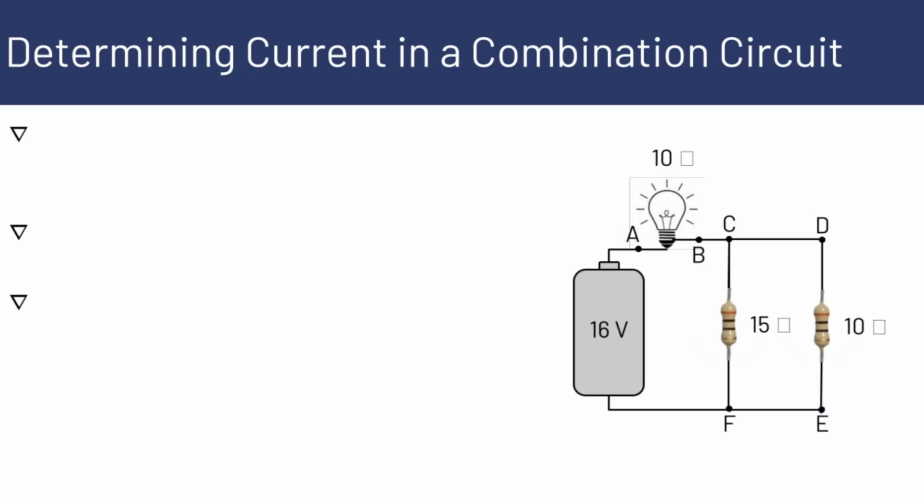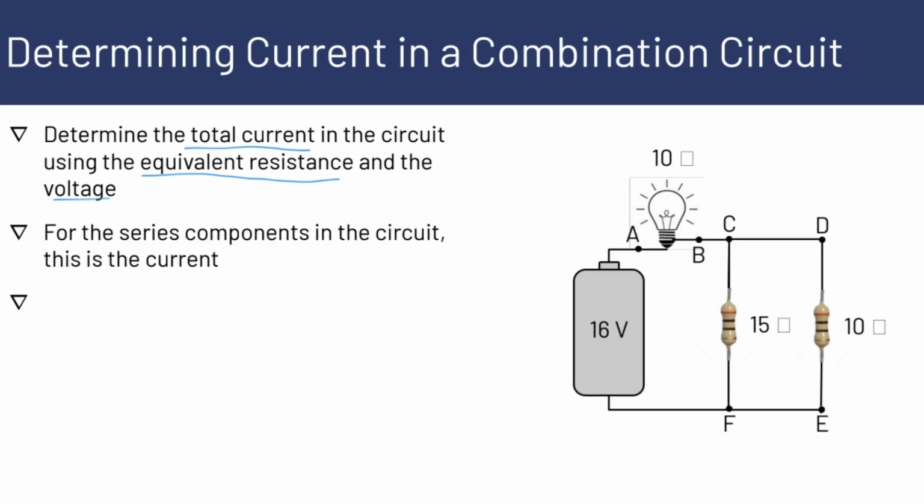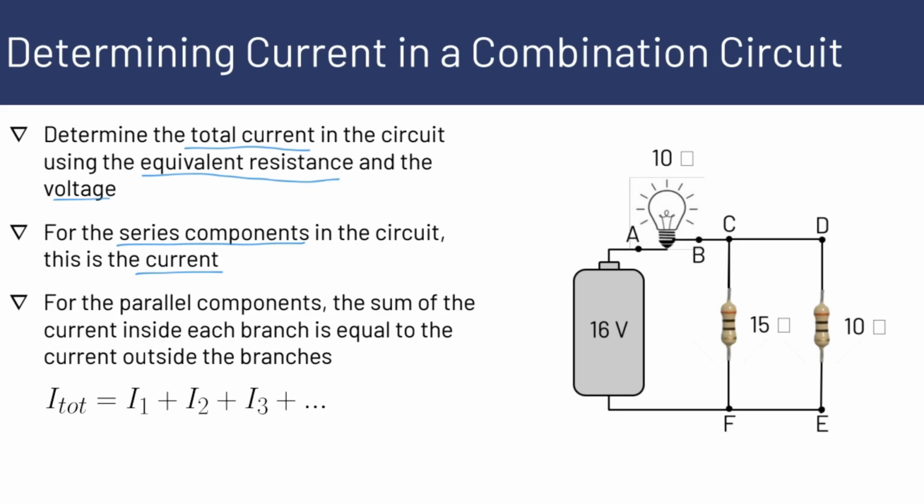Now let's look at determining the current in a combination circuit. You're going to determine the total current in the circuit using the equivalent resistance and the voltage. For the series components in the circuit, this is going to be the total current that we use. For the parallel components, the sum of the current inside each branch is equal to the current outside the branches.